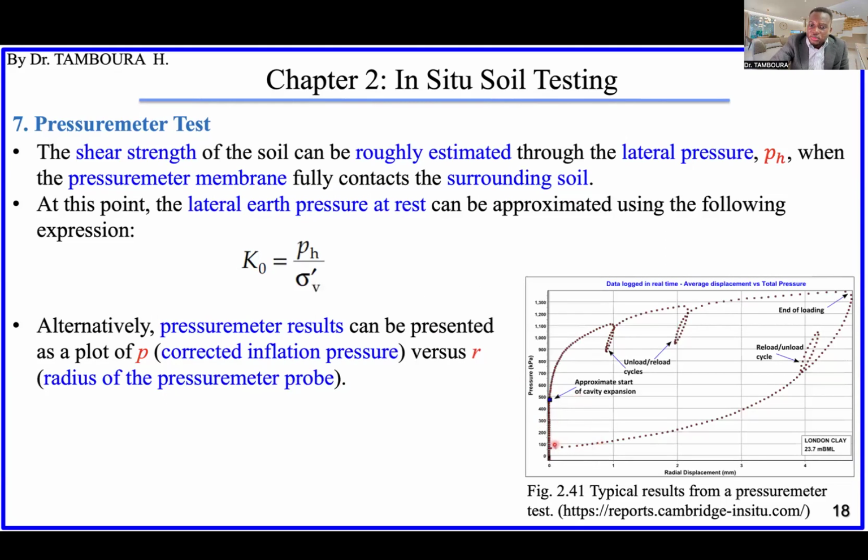This is an example of this kind of test. You can see here pressure, and here is the radial displacement, okay? So it goes like this: loading, unloading, loading again, unloading, loading, and so on, and unloading completely.